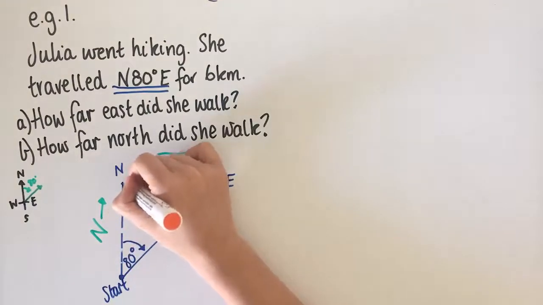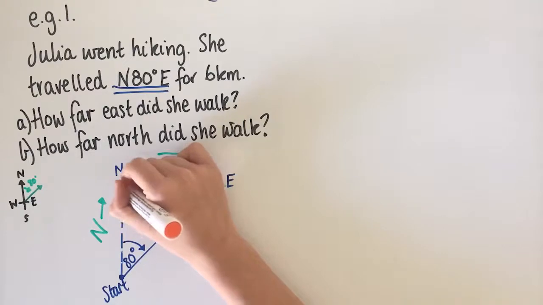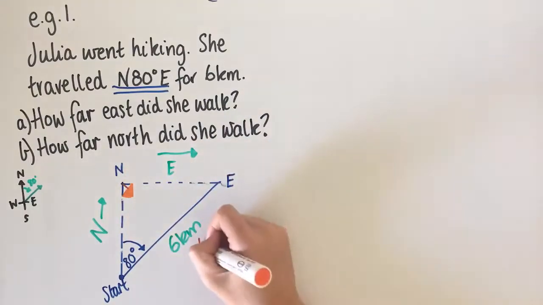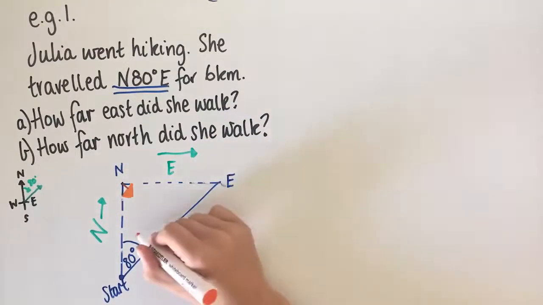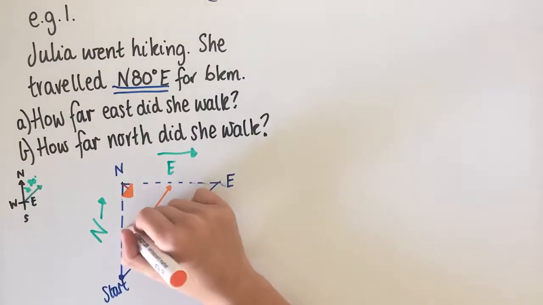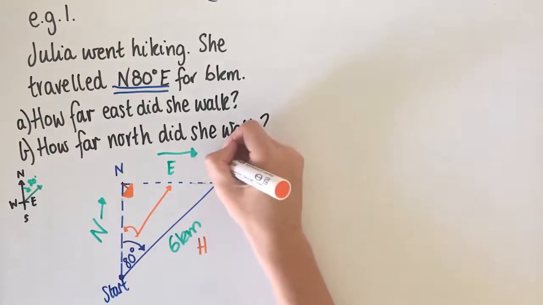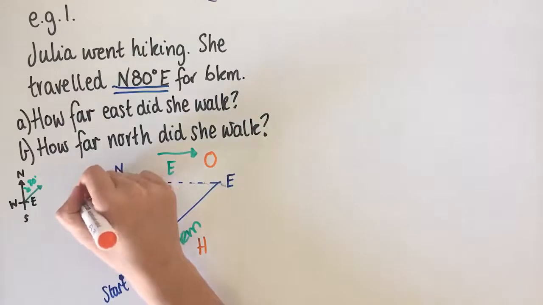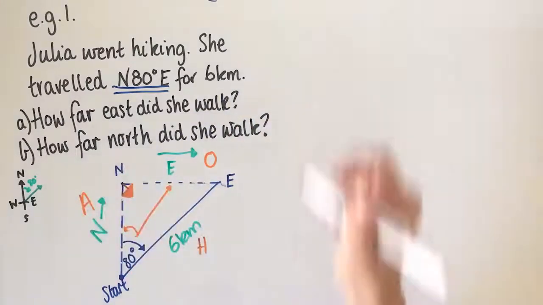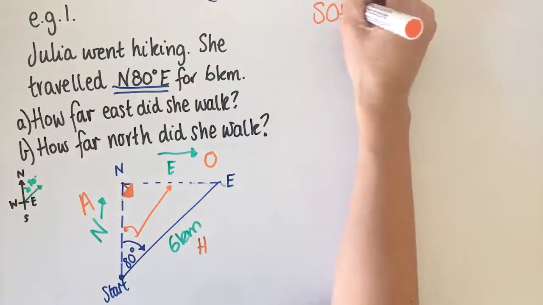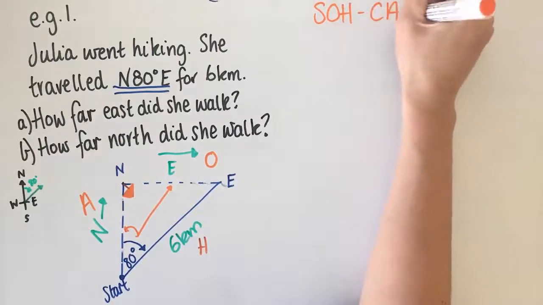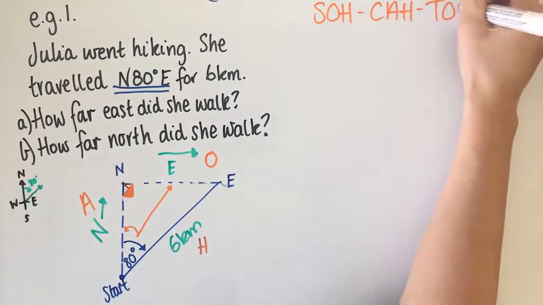Obviously we'd have a right angle here, so that makes this the hypotenuse. We've got a side that's far and a side that's close, so this is going to be our opposite and this is going to be our adjacent. We use SOH CAH TOA.